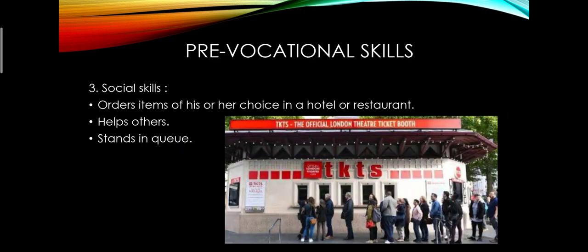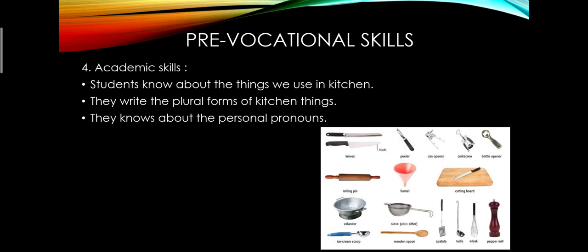Next is social skills. Orders items of his or her choice in a hotel or restaurant, helps others, stands in queue while entering the theater or hotel, or at the time of taking tickets, wherever it is, the children stand in queues. This is about the social skills the children will get from this lesson.